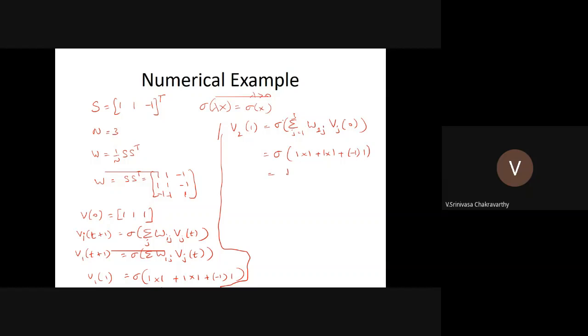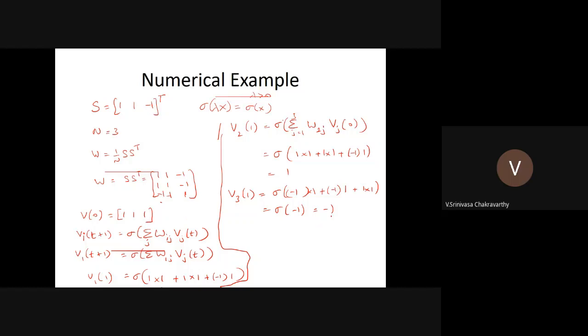That will again give you 1, so no change. If you go to V3 of 1, if you do the same thing, it will be minus 1, because the weights are minus 1 times 1 plus minus 1 times 1 plus 1 times 1. That gives you a sigma of minus 1, which is equal to minus 1. So V3 has gone from 1 to minus 1.